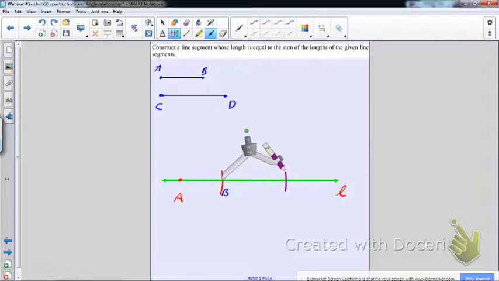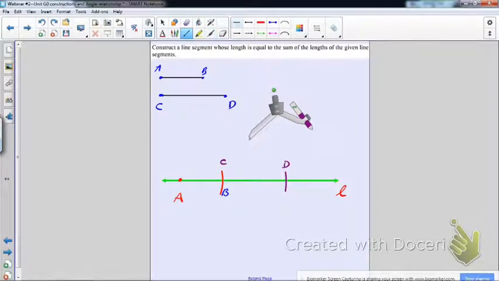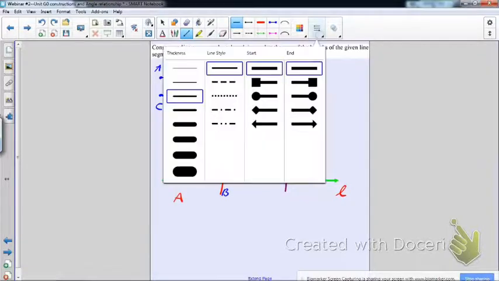So now what you have is C is up here, and then you have D. What we want to do though is take the length of AD and then create it into this new line. So let me see really quickly if this will work for us. I'm going to make a line, so I need arrows, make it big.